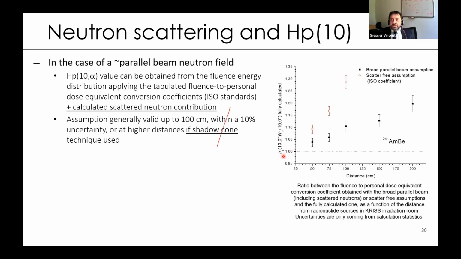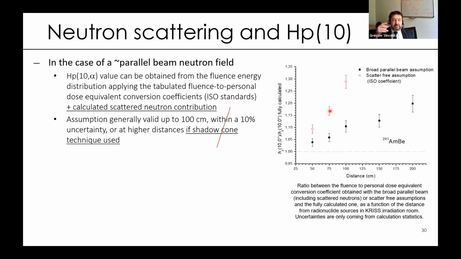So here it is a ratio of the value of the Hp(10) if you do not correct for direction, energy, intensity of all the scattered neutrons. If you consider that you have purely isotropic and direct neutrons only, you see that you will have, at 50 centimeters, 10% variation, and at 75 centimeters, which is recommended, 15% variation.